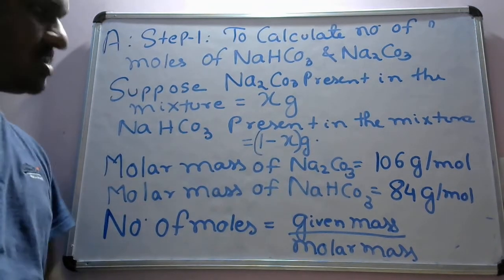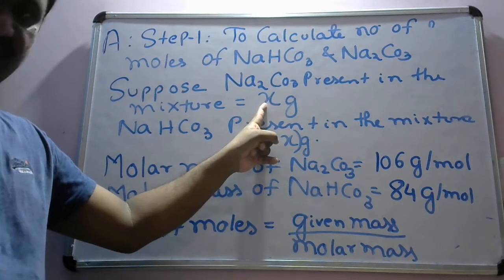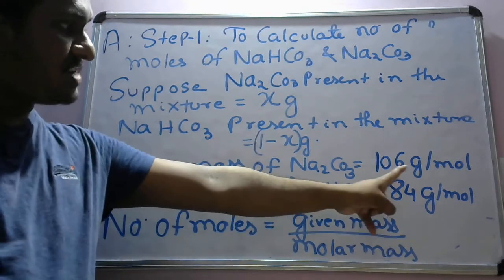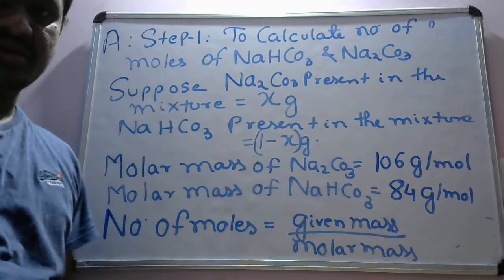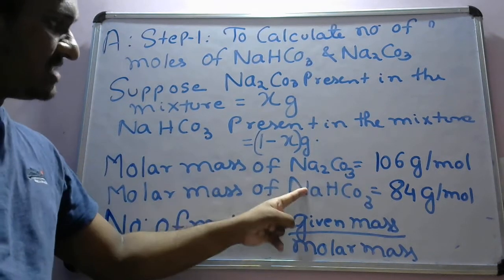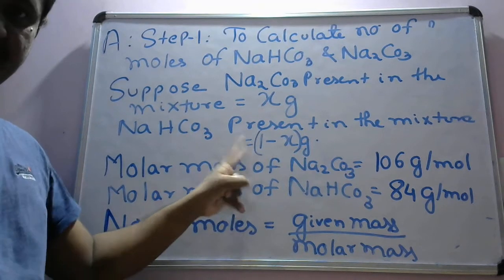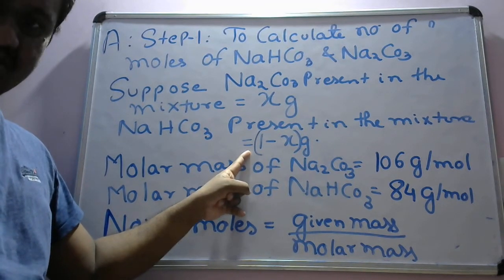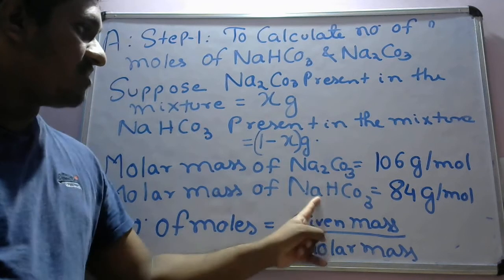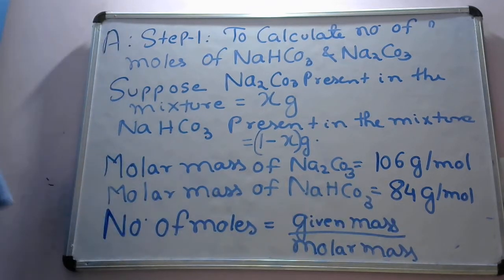For Na2CO3, given mass x gram by molar mass 106 gram. Similarly, number of moles of NaHCO3 is given mass 1 minus x gram by molar mass 84 grams per mole.